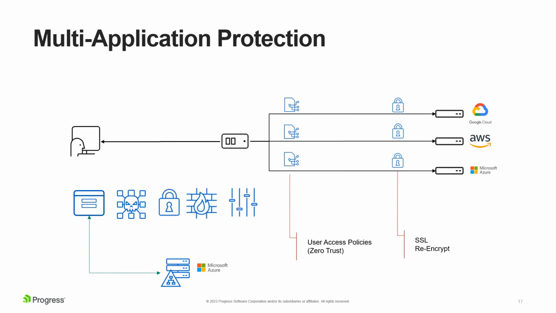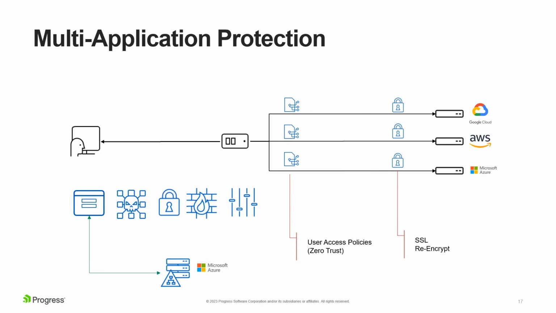Authenticate users, do all your IP reputation, do your SSL offload, do the WAF, do the policies, and at an individual level, we can further refine using rules, essentially implementing a zero trust environment. And again, that could be on a per application basis. It could be across multiple applications.